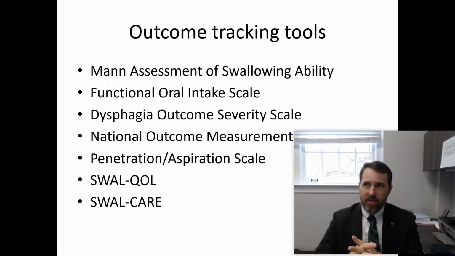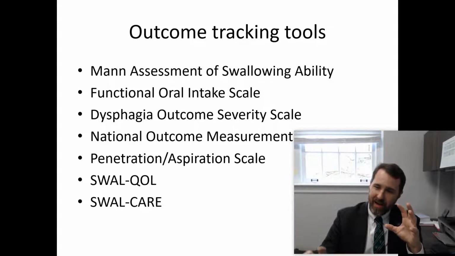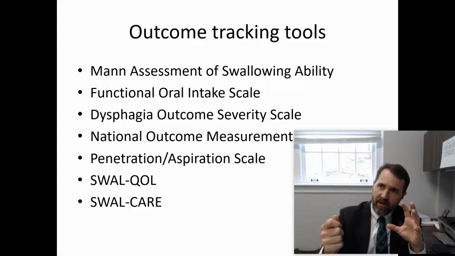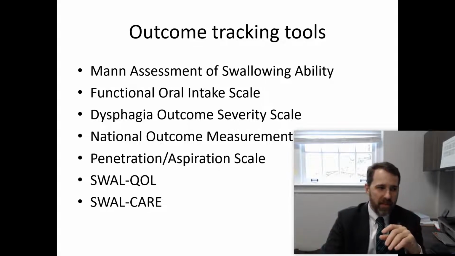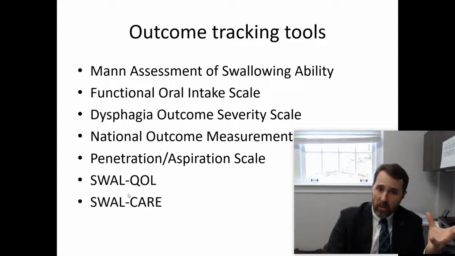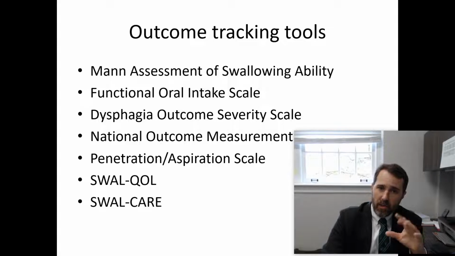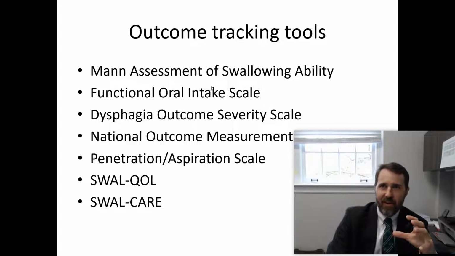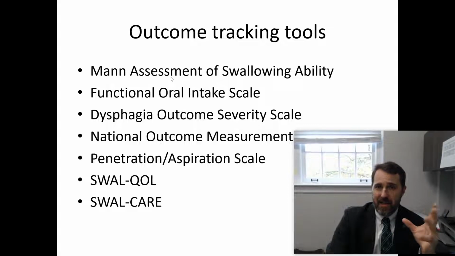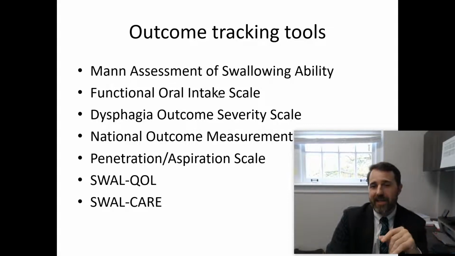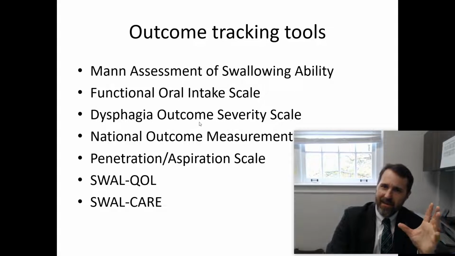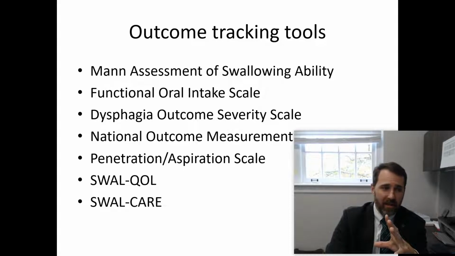But we also use some tracking tools to sort of pan out from the minutia of the data from the individual therapy sessions. I've already mentioned the SWAL-QUAL, which is the measurement of the patient's quality of life. You could also use other assessments like the Mann Assessment of Swallowability, Functional Oral Intake Scale, Dysphagia Outcome Severity Scale, and the Penetration Aspiration Scale, which rates their severity of penetration and aspiration.